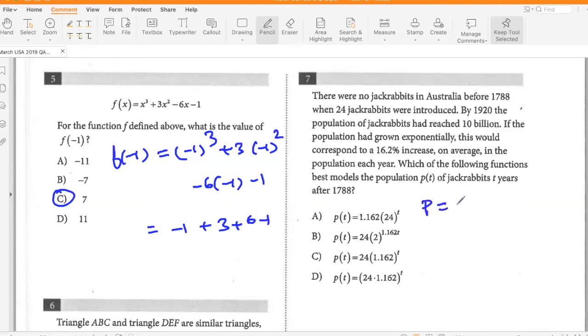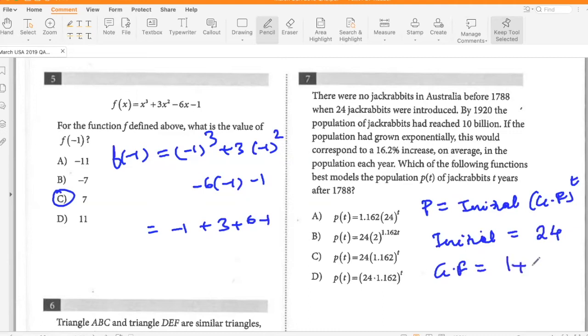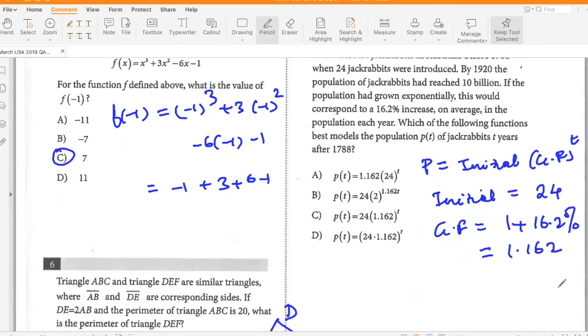So population would be initial value times growth factor to the power T. So the initial value is given to us as 24. Growth factor will be 1 plus 16.2%. So that's 1.162, right? So the population after t years would be 24 times 1.162 to the power t, which is option C.